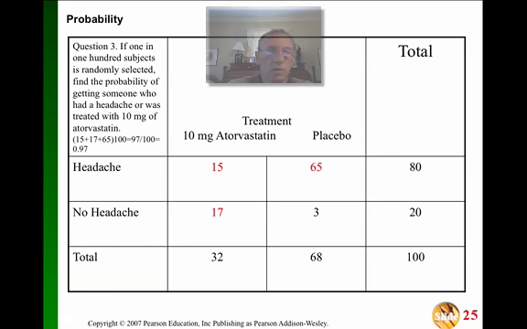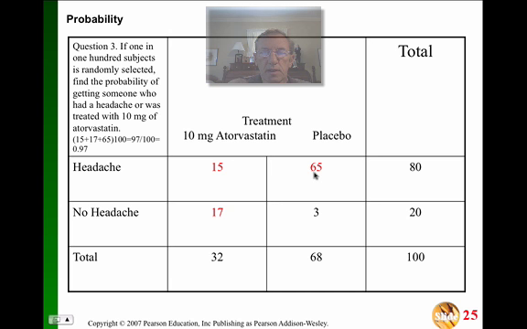Question 3, if one in 100 is selected, find the probability of getting someone who had a headache or was treated. Our big issue here is let's not double count where the medication and headache meet. The likelihood of getting medication is 15 and 17, it's 32. And the likelihood of getting a headache is just 65 more added on to that.